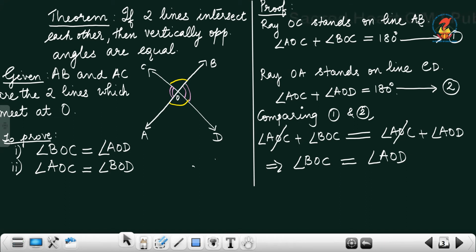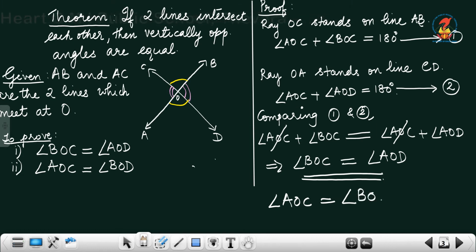Angle BOC is equal to angle AOD. Now, similarly, you can prove that angle AOC equals angle BOD. Hence, the proof.